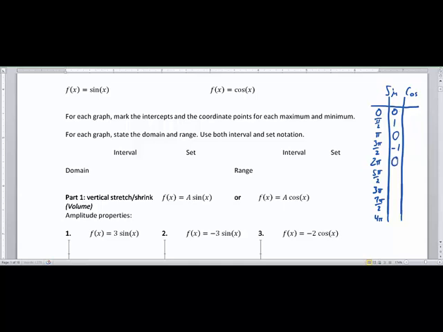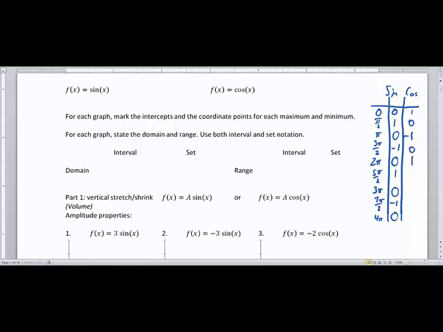So medium, high, medium, low, medium. You can see how it makes that beautiful sine swoop. And then we're going to repeat it again: medium, high, medium, low, medium.